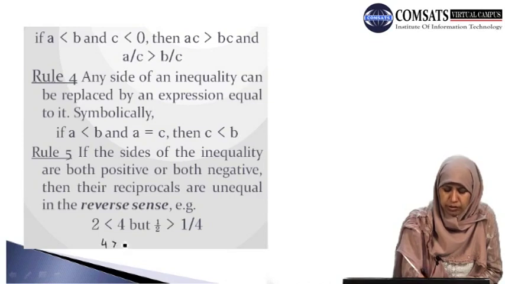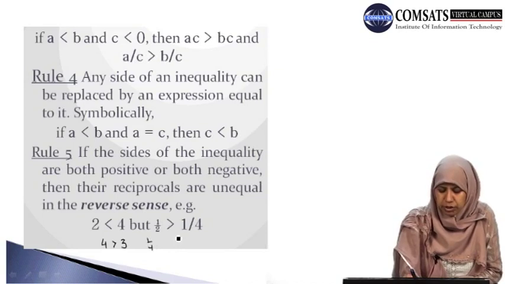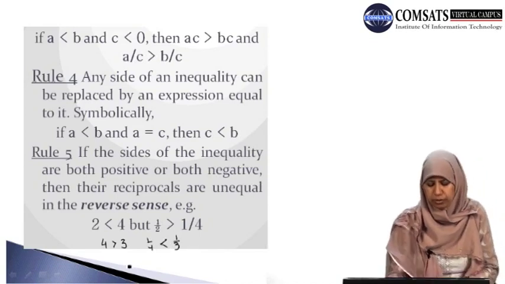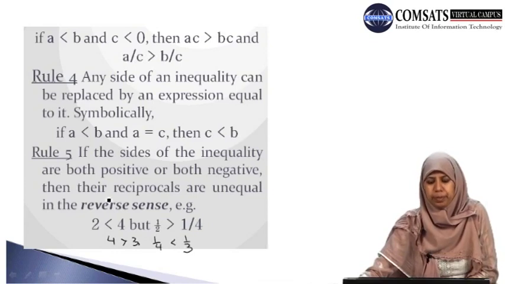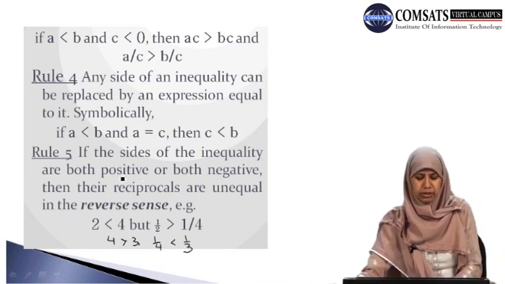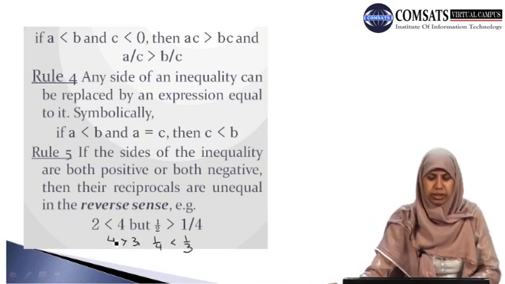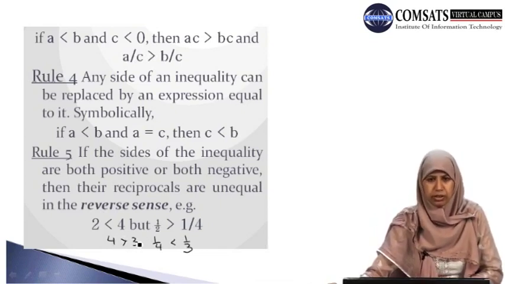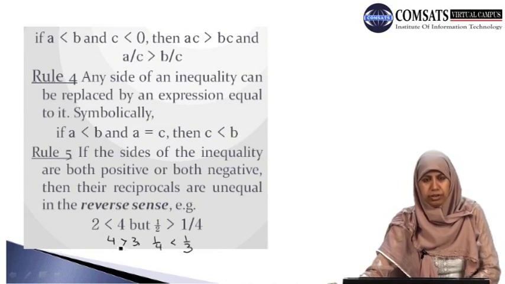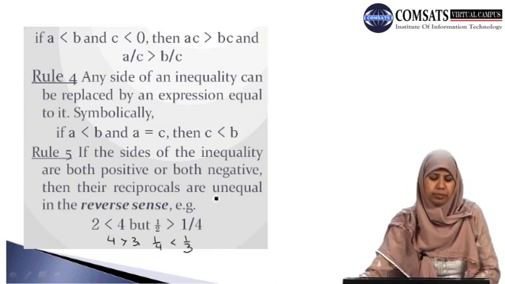We know 4 is greater than 3, and the reciprocal of 4 is 1 by 4, and the reciprocal of 3 is 1 by 3, then 1 by 4 will be less than 1 by 3. So we have seen that if 4 is greater than 3, then the relation between their reciprocals is 1 by 4 is less than 1 by 3.